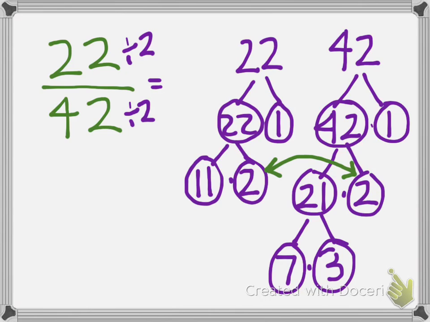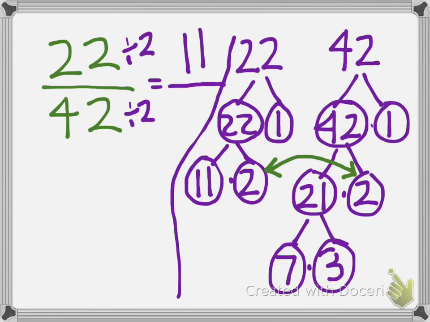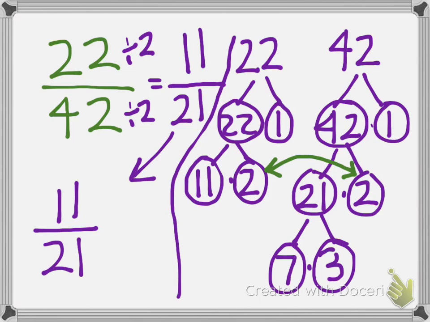Draw my little line here. Get a little crowded. So 22 divided by 2 is 11. 42 divided by 2 is 21. And I'll rewrite it down here just so we can see it a little bit clearer. As I simplified 22 over 42, I get 11 21sts.